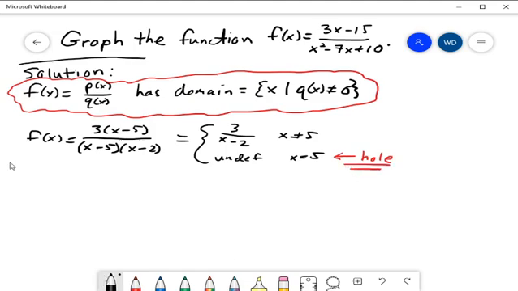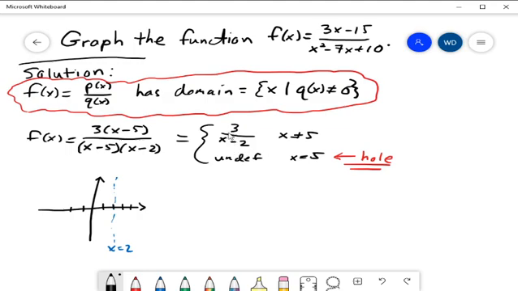Okay, so let's recall then how to graph a rational function that looks like this, 3 over x minus 2. Well, it has a vertical asymptote when x equals 2. And the horizontal asymptote is the trend of the graph as x gets really, really big.